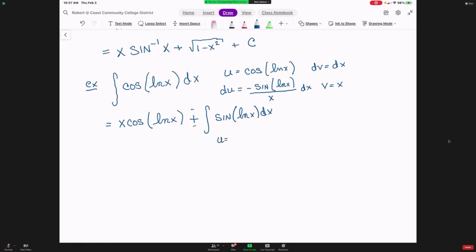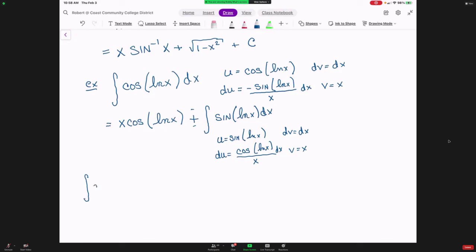Okay, so I'm suspecting that this is a solve-for-it guy. So again, if we do parts on this part, sine of log x, and then dv just being dx, du is going to be the cosine of the log of x times the derivative of the log, and v is just going to be x.